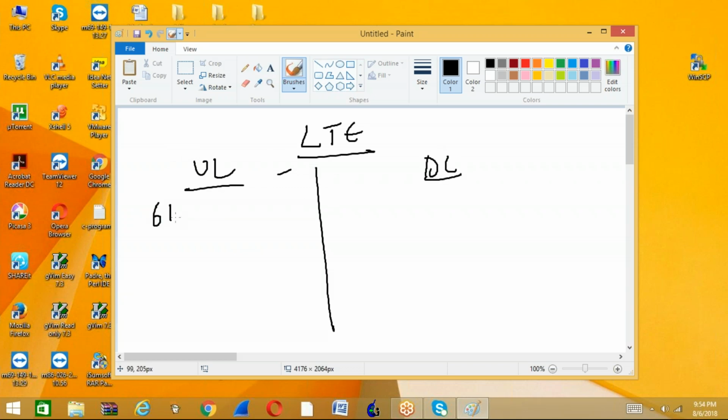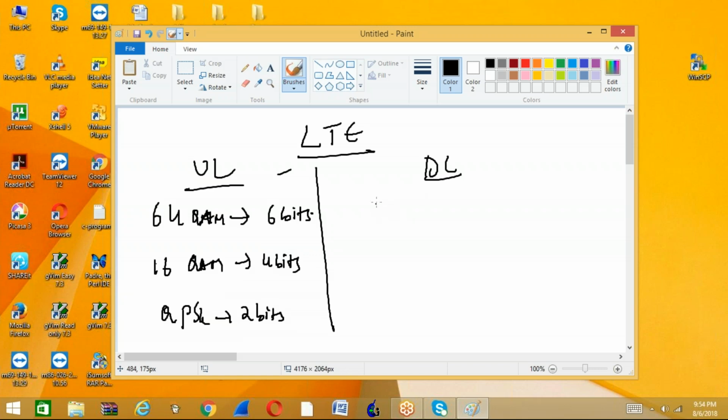In UL we are using 64 QAM, so we are using 6 bits, and 16 QAM and QPSK. In DL, 256 QAM and 64 QAM.